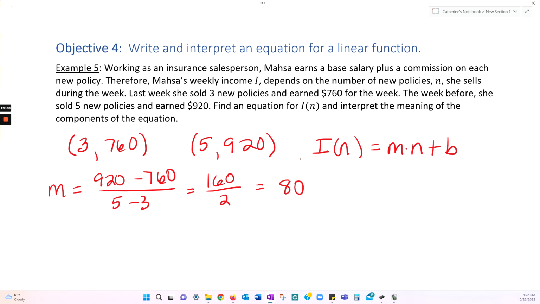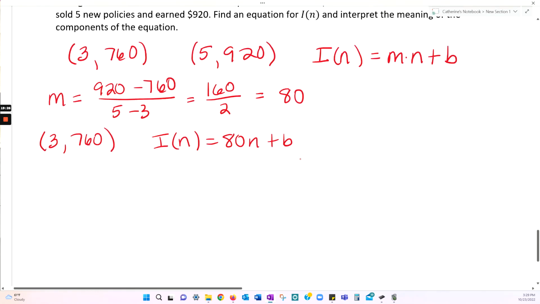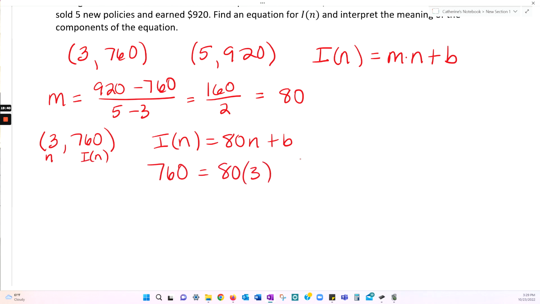Okay, so then to figure out our b value, you just use one of these points. I'm going to use the first one because the numbers are smaller. So far we know that I of n is 80n plus b. So we can put in that if n is 3, I of n is 760. So 760 is equal to 80 times 3 plus b.